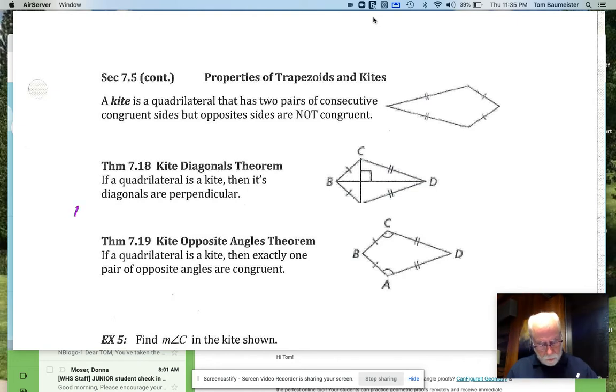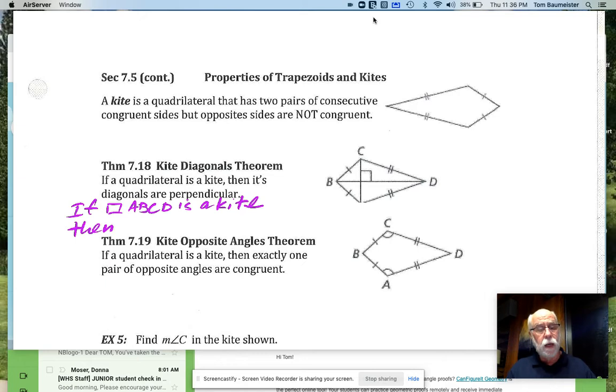So according to the diagram we have there, if quadrilateral ABCD is a kite, then we know that AC, you can't see the A there, but AC will be perpendicular to BD. Of course, we're talking about the line segments.